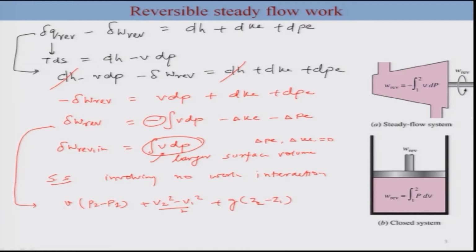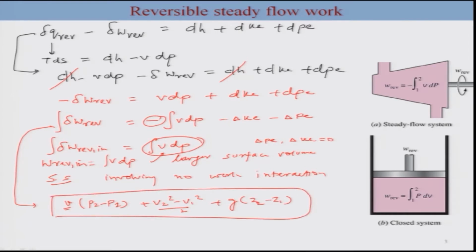So this is for incompressible fluid, and since work is going to be 0, if you integrate here, this should also be the integral of this. So this could be written as W reversible in as simply the integral of VdP. So when the work is 0 and the other terms are not 0, let us say delta K and delta P, then you can write this expression in this form. This is equal to 0, and this is nothing but Bernoulli's equation.